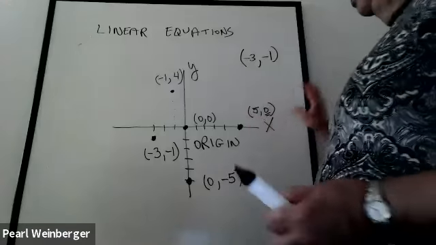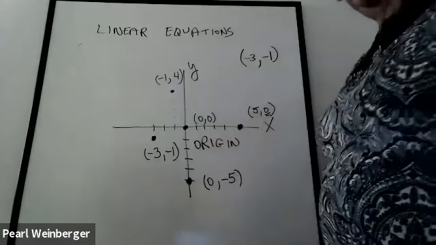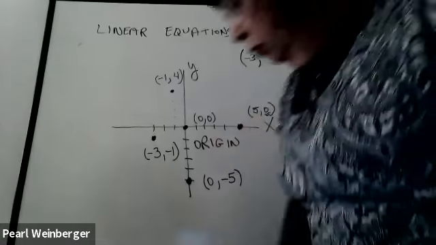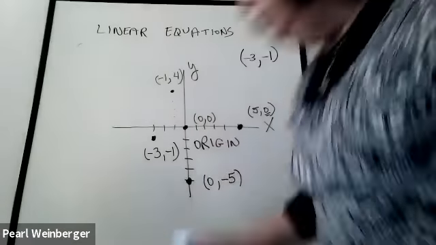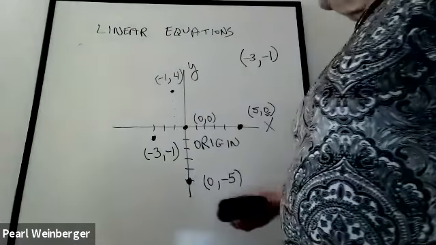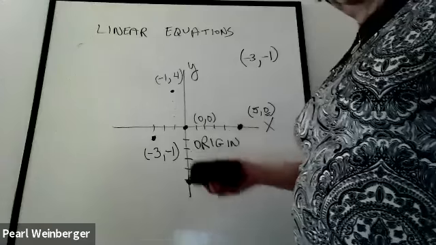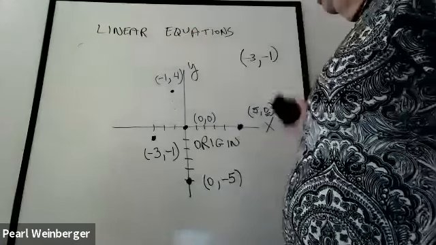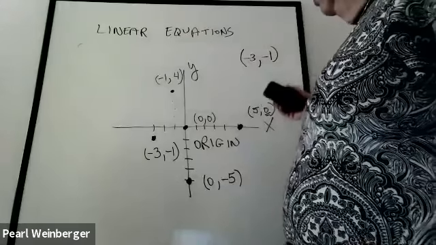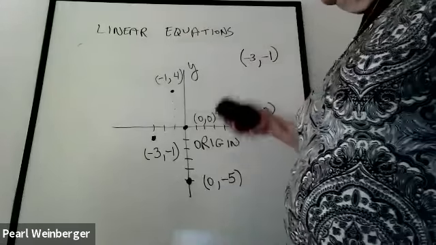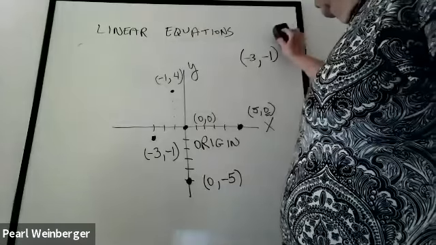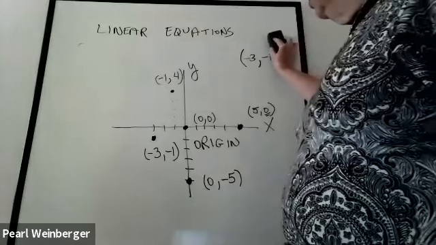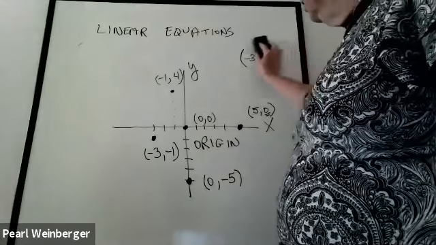Okay? I think most people know how to deal with the points. What we're going to concentrate on today is how do we graph equations, specifically linear equations, on our graph paper, on our Cartesian coordinate system.